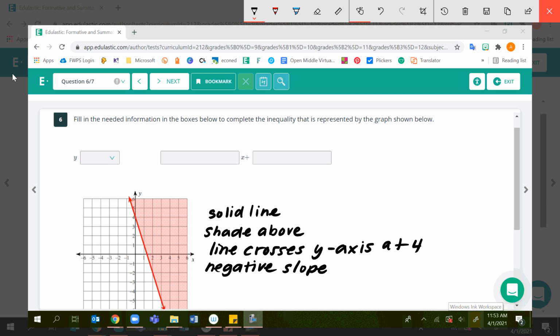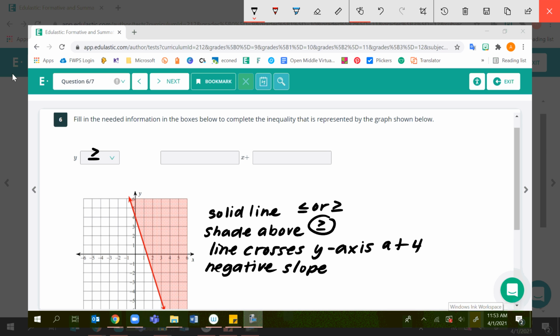Since it's a solid line, remember that we are using either the less than or equal to or the greater than or equal to. Since we are shading above, I do need my inequality to be facing my y. So I am going to go ahead and use this one right here, the greater than or equal to.